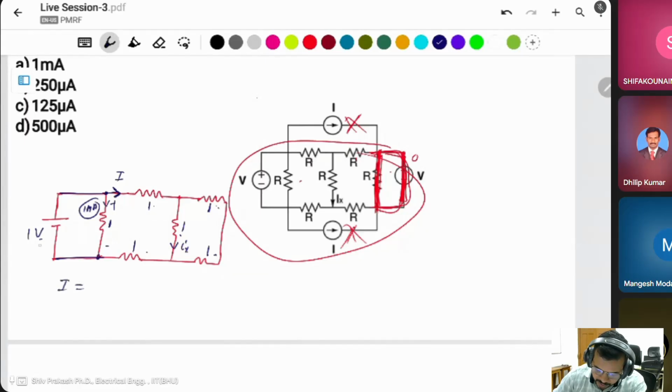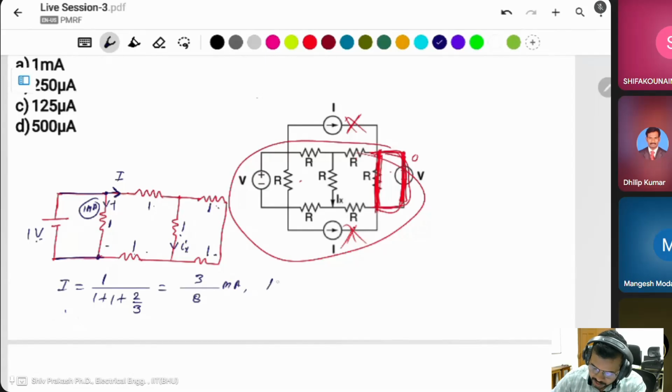I is equal to voltage 1 divided by total resistance: 1, plus this combination, 2 parallel 1, which is 2 by 3. 1 divided by 8 over 3, that is 1, 1, 2 by 3, so 6 plus 2, 8. This will be total 3 by 8 milliampere.